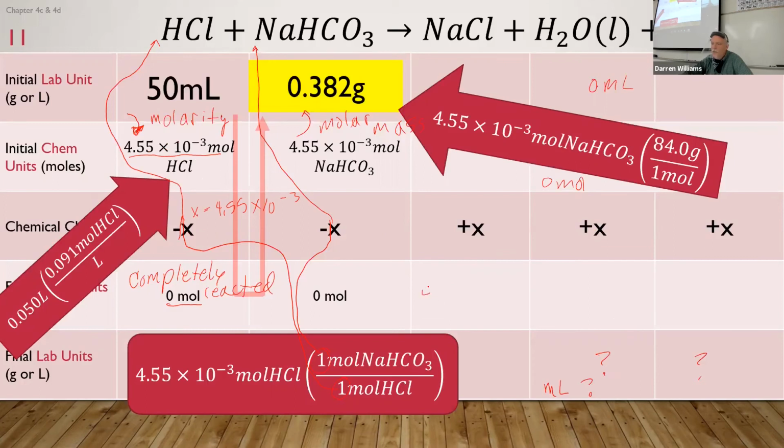So I have 4.55 times 10 to the minus 3 moles of NaCl. I have 4.55 times 10 to the minus 3 moles of water. And I have 4.55 times 10 to the minus 3 moles of CO2.